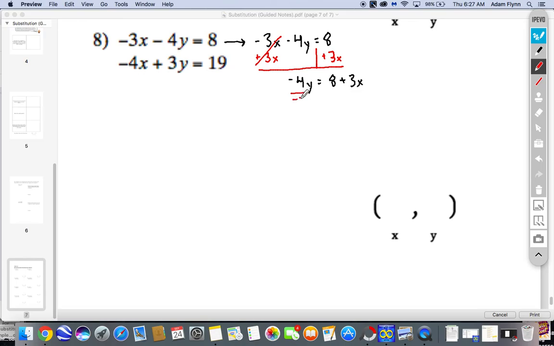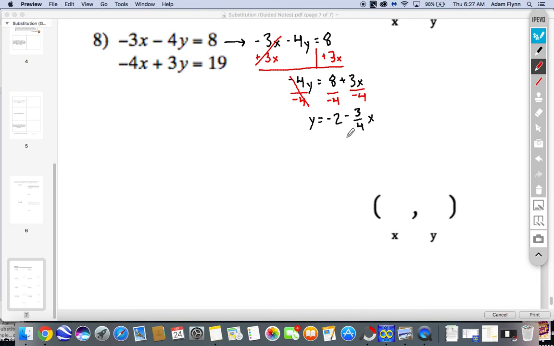I will divide everything by -4. -4's are going to cancel. So I get y equals 8 divided by -4, which is going to be -2. And then 3 divided by -4 is just going to be a -3 over 4x.